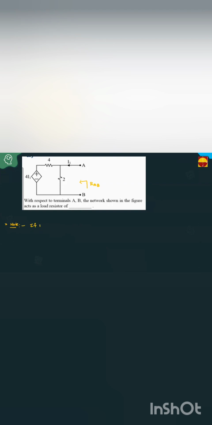If a network consists of only dependent sources, but no independent source, then that circuit is like a dead network or dead circuit.